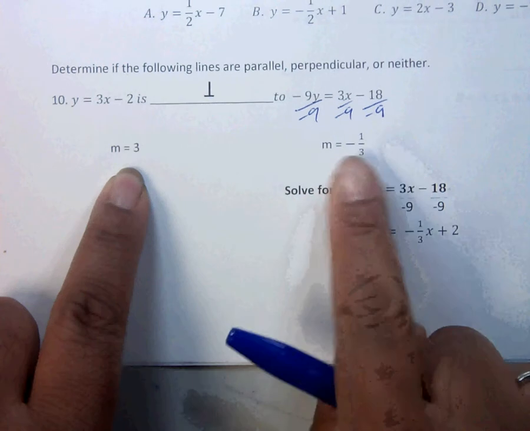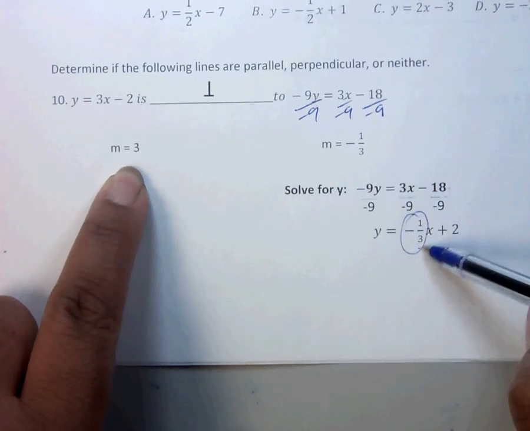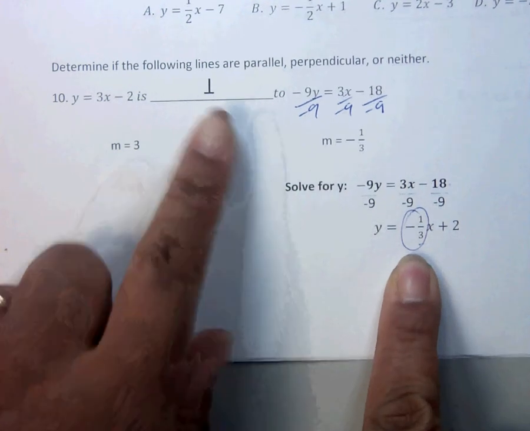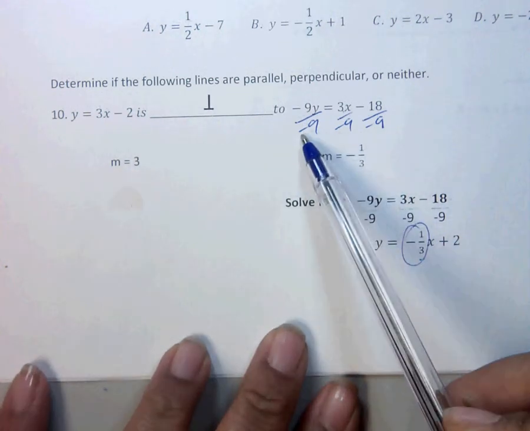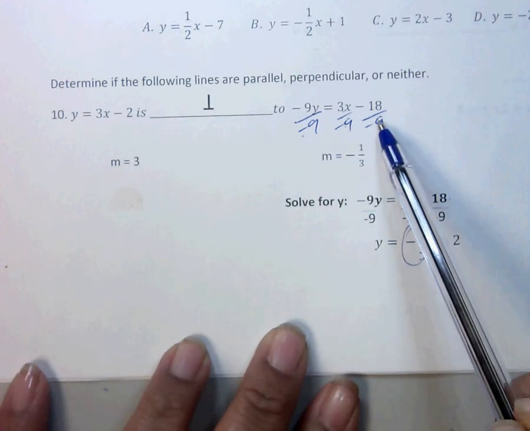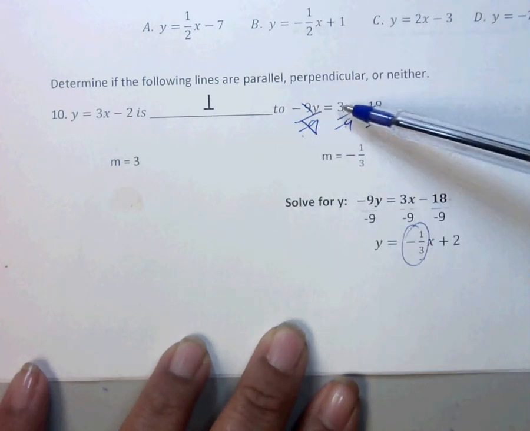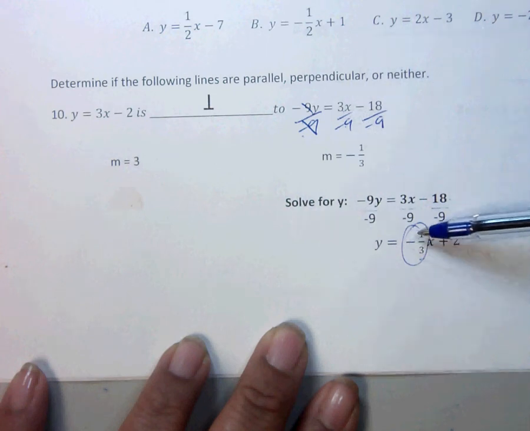3 and -1/3, since that is now the new slope, or the slope of the problem. Those are perpendicular slopes. That's why I wrote perpendicular. Again, I had to divide by -9 to get y by itself. 3 divided by -9 gives me -1/3.